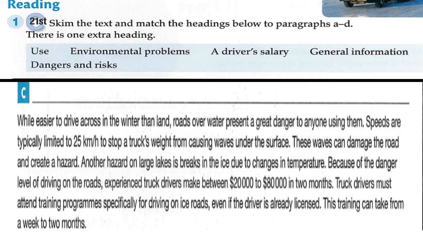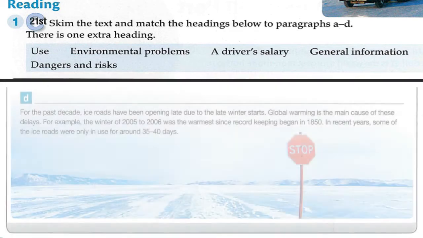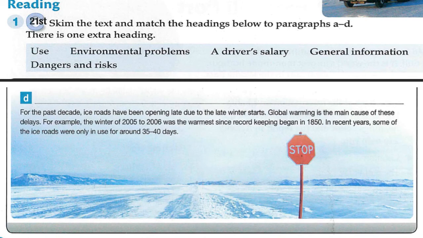So, after reading this one, we guess that this paragraph is talking about dangers and risks. You can find the words hazard, danger, damage. Last paragraph. For the past decades, it means centuries, a long time ago, ice roads have been opening late due to late winter starts.